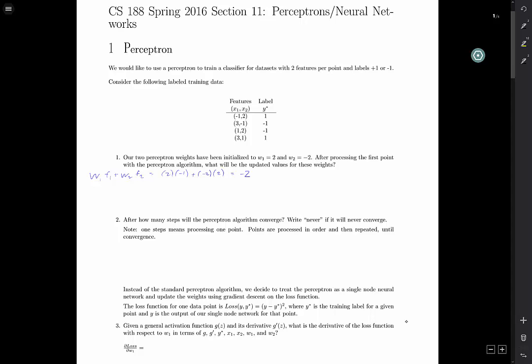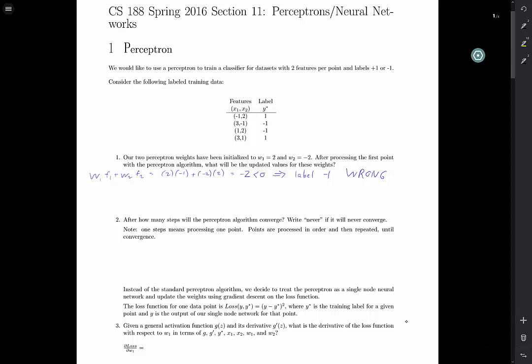Since we're doing binary classification, if it's less than 0, then we label as -1. Now note that this is wrong, because our true label is actually 1.